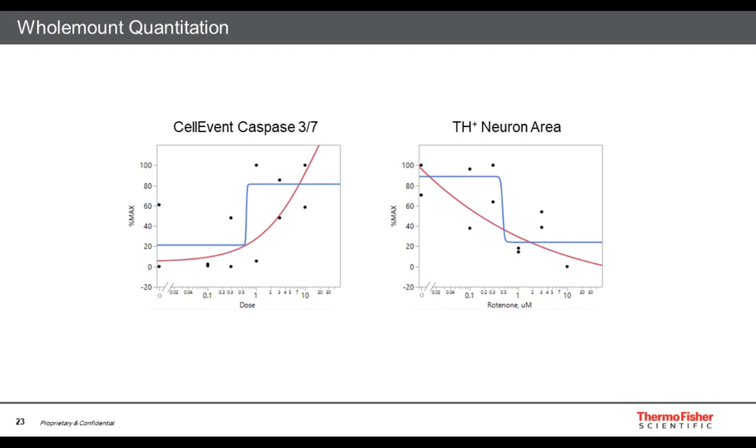When we measure either caspase activation on the left or TH-positive neuron degradation on the right, singly in whole organoids, we can see that it's difficult to fit the typical sigmoidal dose-response curves. In this case, the wild-type cell line, represented by the blue, is a little better behaved in fitting that sigmoidal model than the mutant. This tells us more experiments are necessary.